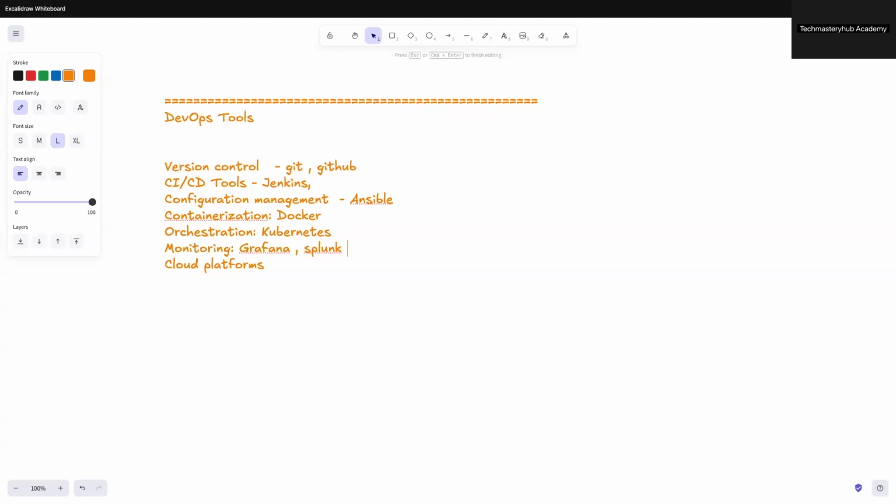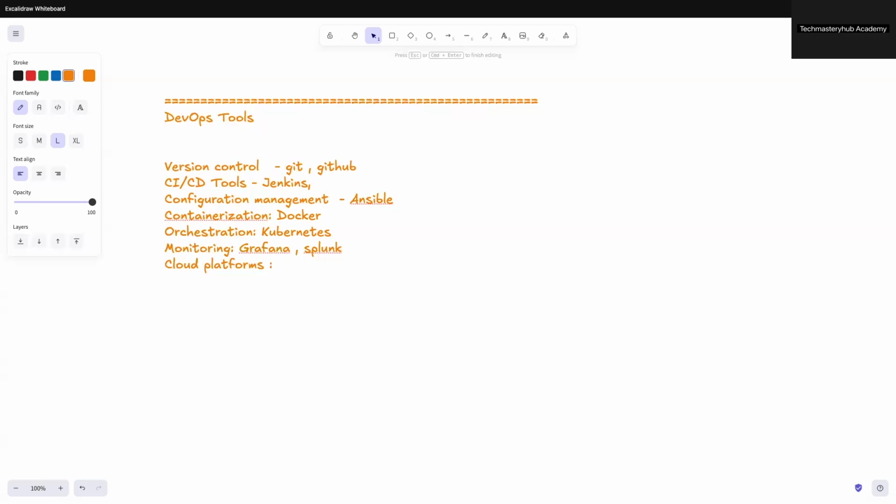Next section is the cloud platform. This is the final category. For example, there are many cloud providers. AWS, which is Amazon Web Services. Azure, it's a Microsoft cloud platform. Google Cloud is GCP, Google Cloud Platform.